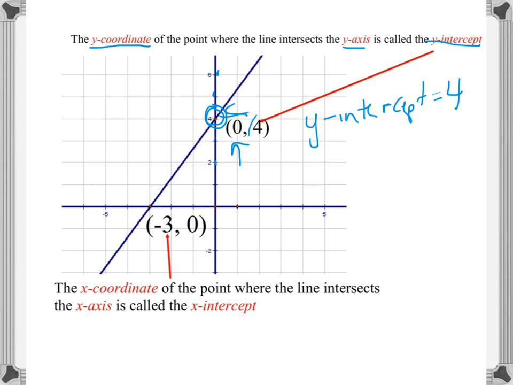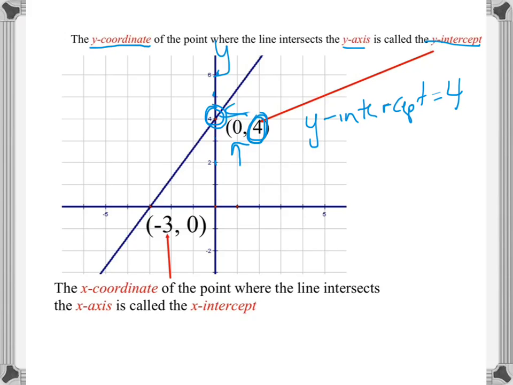We're only referring to the y-coordinate of that point. That's because the x-coordinate is not really interesting to us, since we know it's always going to be 0. But what is interesting to us is the y-coordinate.